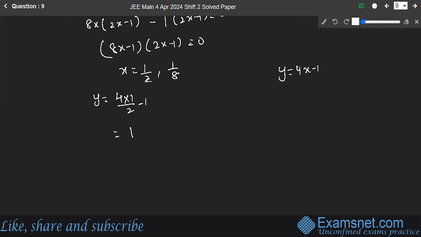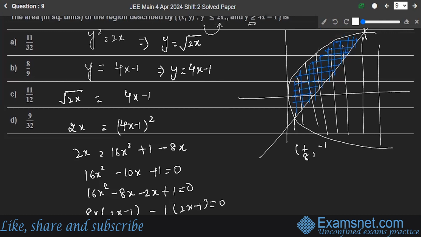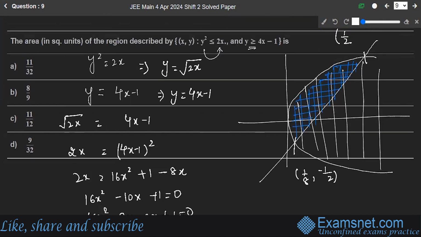And when x is 1 by 8, y will be 4 into 1 by 8 minus 1, which will be minus 1 by 2. So this is minus 1 by 2 over here and here is 1. These are the two points of intersection for this line and these two inequalities. What I have to find out is the area of this blue shaded region.